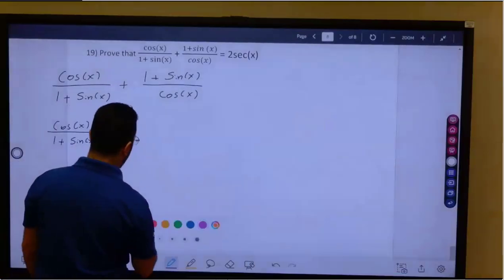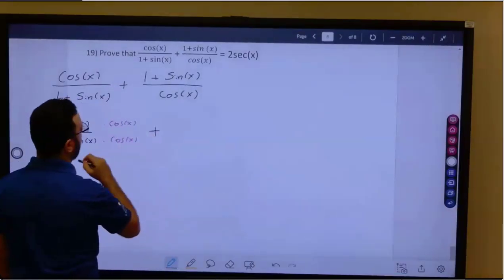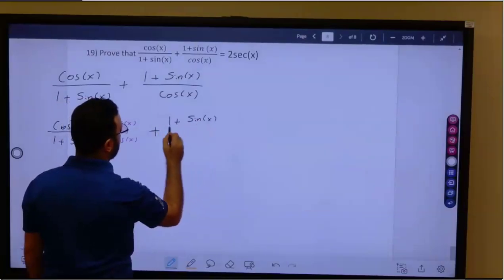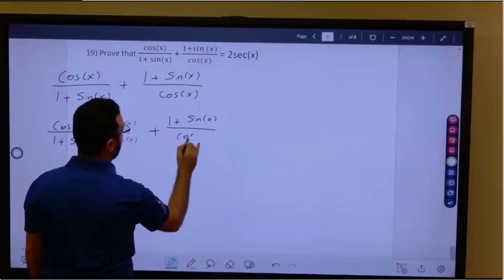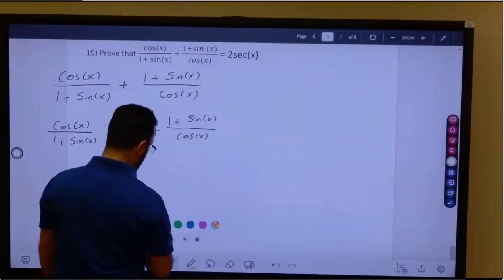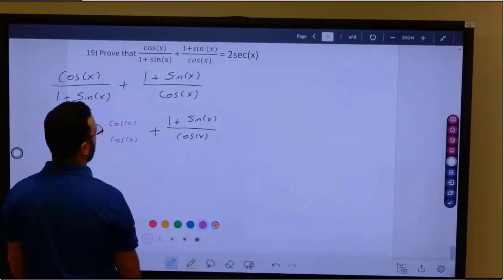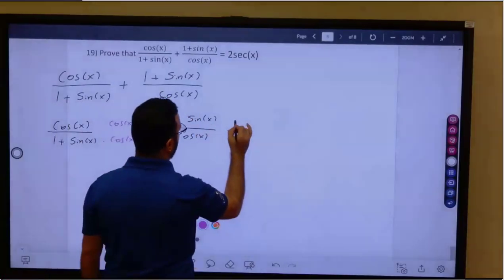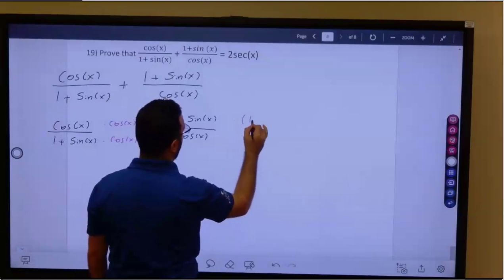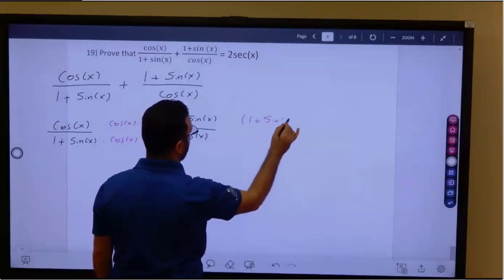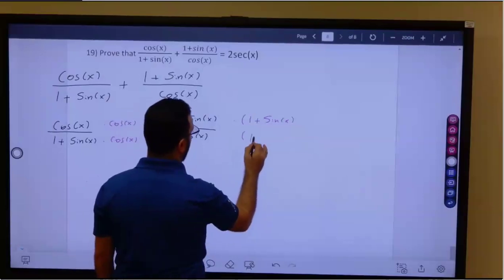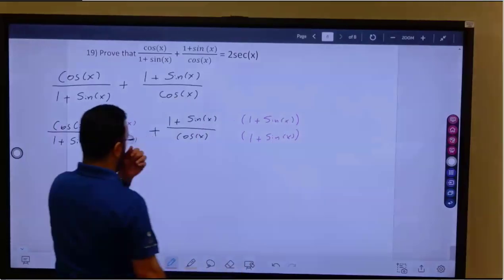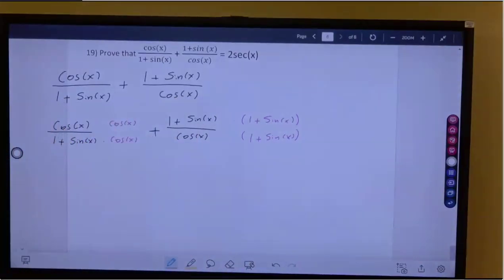Here's the plus sign. Do the same thing with the other side: 1 plus sine x over cosine x. I'm going to multiply by cosine, multiplying this one by 1 plus sine x, and this side by 1 plus sine x, to get that common denominator.